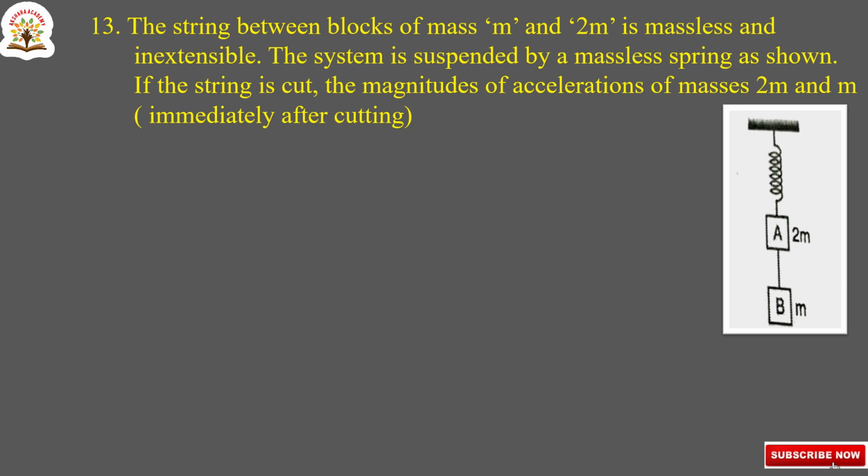Here we have the spring force kx upwards and 2mg downwards, and for the lower block, mg downwards. We have to calculate the magnitude of acceleration. Before cutting the string, kx is equal to, now let us go to the solution.